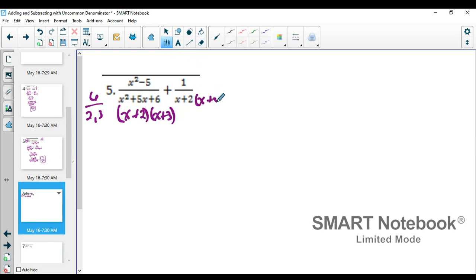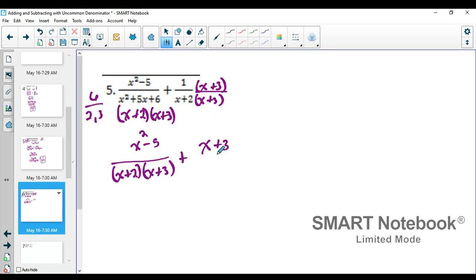So x plus 3, and then we have to multiply the numerator as well. So leave this first fraction the same. So leave it as x squared minus 5 over x plus 2 and x plus 3. Then plus, and then 1 times x plus 3 is just x plus 3.